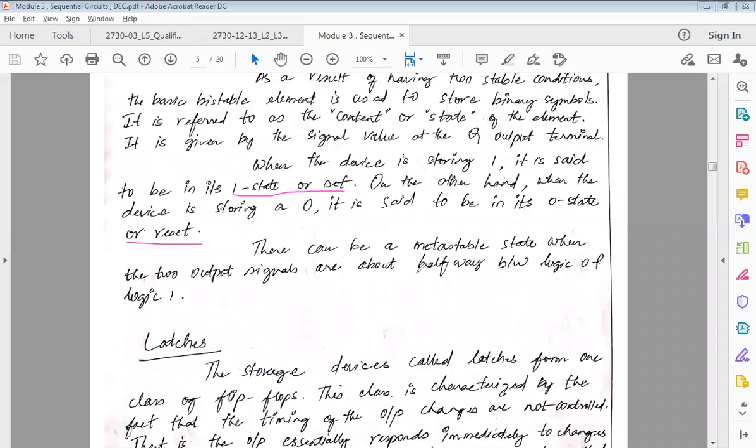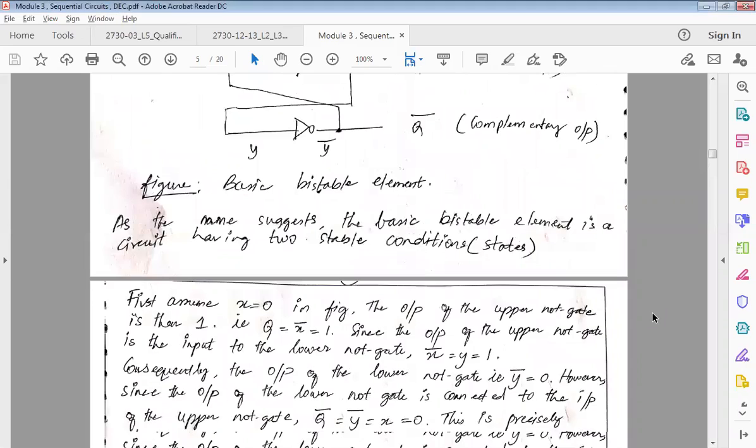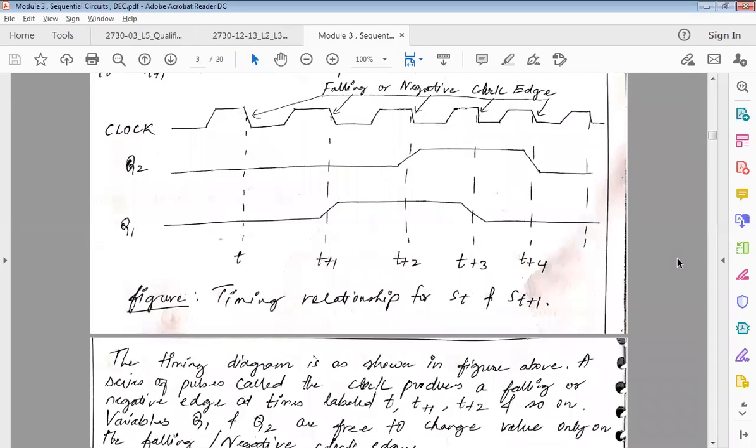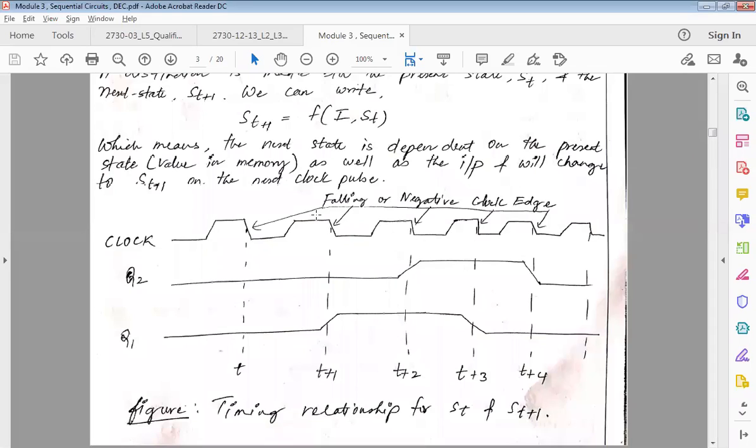So can someone tell me, did we already see a metastable state in our discussion? Is there any metastable state here? Sir, the varying line. The varying line, right? So if I say what is the value at this point, then it is a metastable state, isn't it?